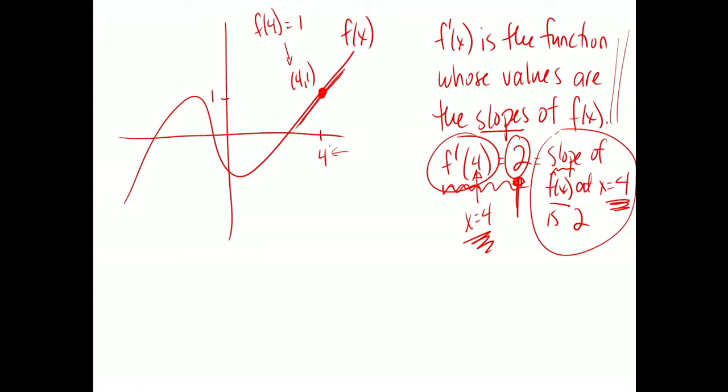So if I'm obsessed with what happens at x equals 4, I take the derivative and plug in 4, which is what we would do algebraically. I just made up this example, but whatever number you get, 2 in this case, that means the slope m equals 2 for that line that would just be touching the graph right there at (4, 1).